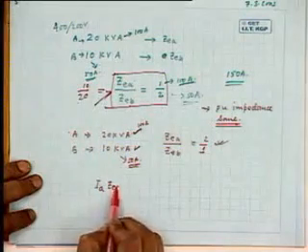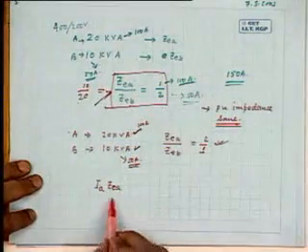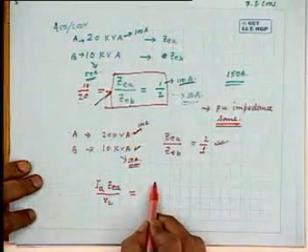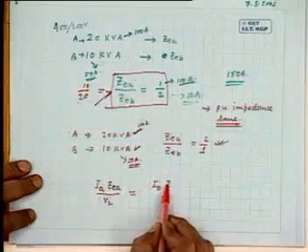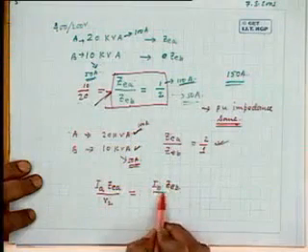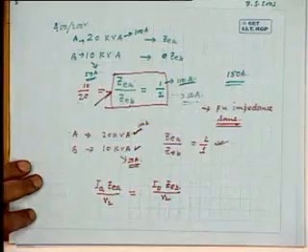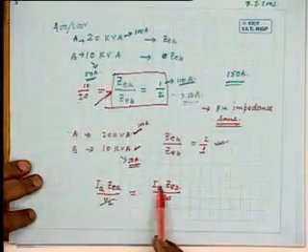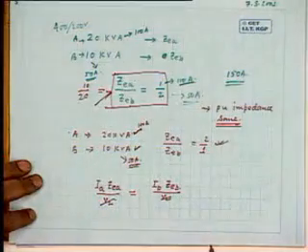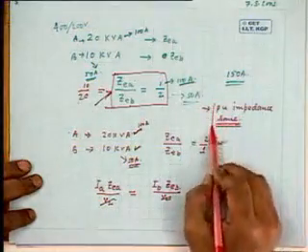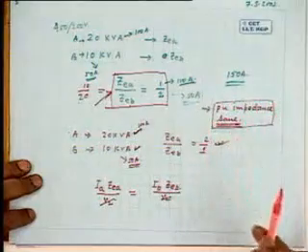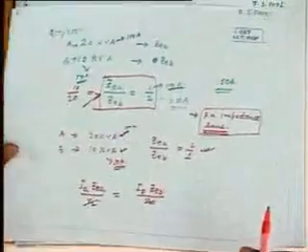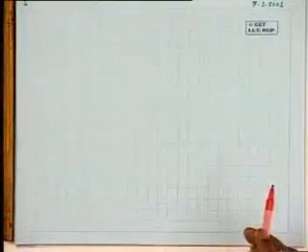Per unit impedance same means the rated current IA into ZA divided by its rated voltage is equal to, suppose IB is the rated current of the second transformer, IB into ZB by V2. So if these two are same, then only the currents are in the inverse ratio of their impedances. So it is told in a different language that the per unit impedances of the transformers should be same.